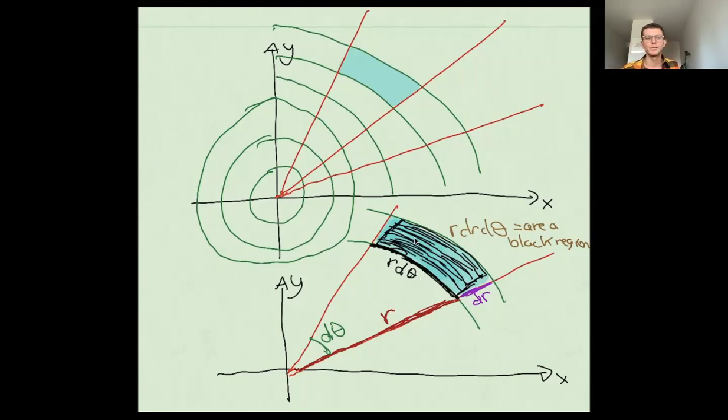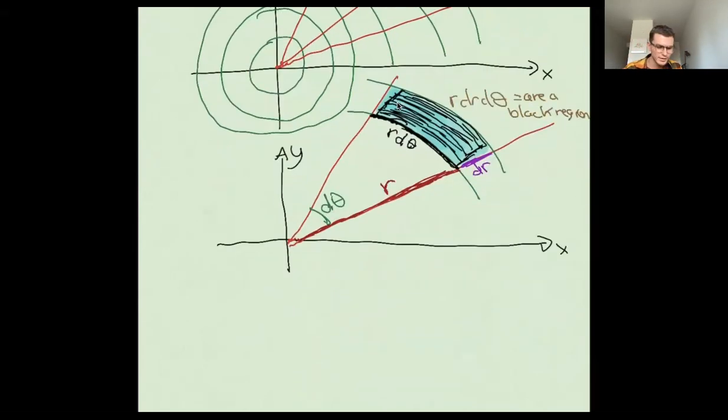What I'm trying to say is that the area of this piece is not quite the same as the area of the entire blue sector, but the difference in the limit goes away. The really small area that goes into the integral in polar coordinates is the following, and this is what you really need to remember of what I just said.